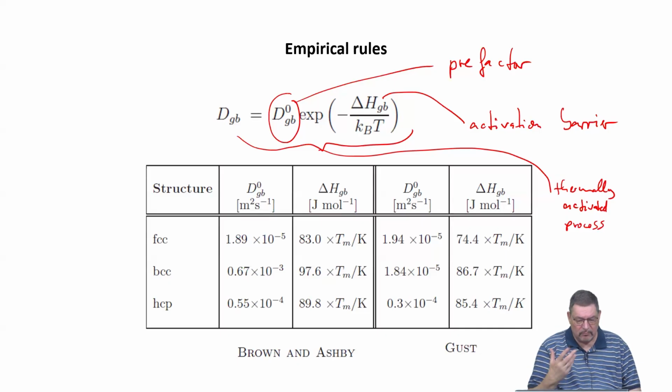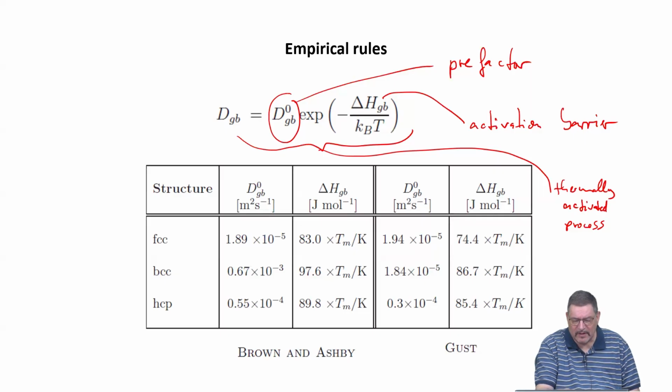And so, as a rule of thumb, there are these relations for the different lattices, FCC, BCC, HCP given, where general parameters for the prefactor, which has to do with jump frequencies and entropic contributions, are given, and also where the height of the activation barrier is related to the melting temperature, in absolute units Kelvin, of the specific system.